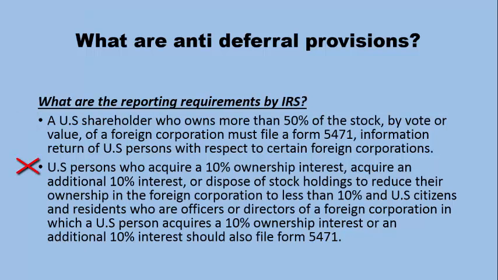U.S. persons who acquire a 10% ownership interest or acquire an additional 10% interest, or dispose of stock holdings to reduce their ownership in the foreign corporation to less than 10%, and U.S. citizens and residents who are officers or directors of a foreign corporation in which a U.S. person acquires a 10% ownership interest or an additional 10% interest, should also file Form 5471.